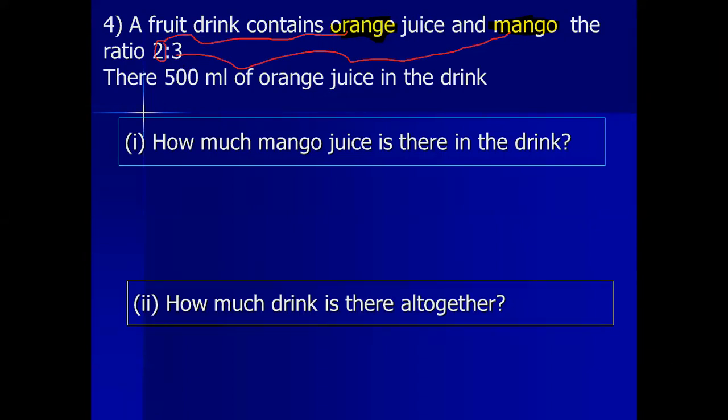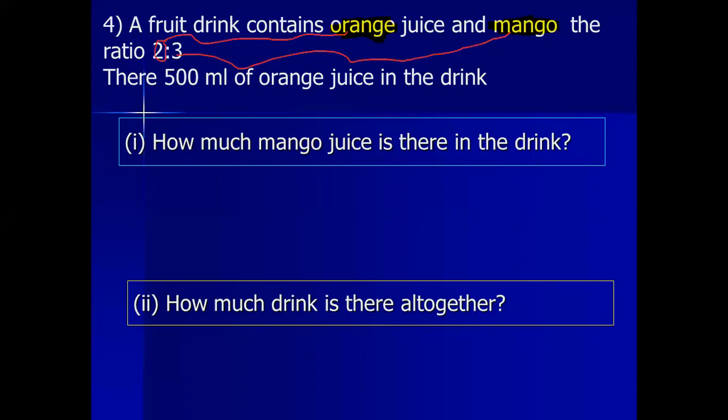Look at part A. How much mango? Look at the ratio you have in the question. 2 to 3, orange to mango. So 2 represents orange, 3 represents mango. So I will find the orange, which is 500, which represents 2 parts. One part of this equals what?